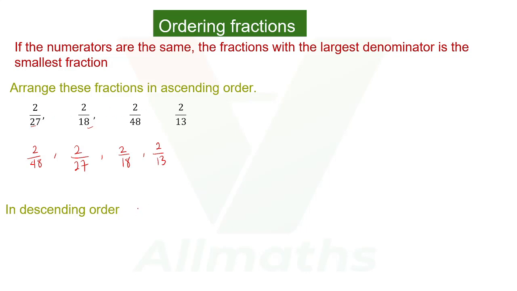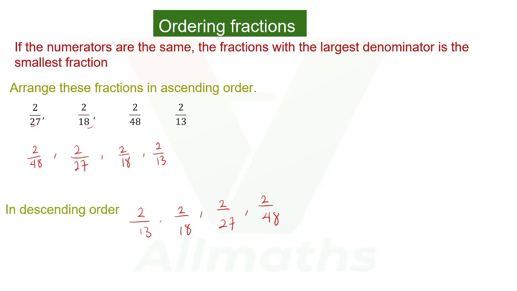So in descending order, from the highest to the smallest, it will be 2/13, followed by 2/18, followed by 2/27, and the least of them is 2/48.